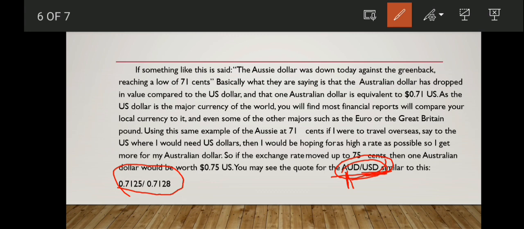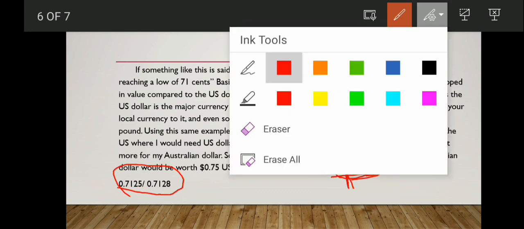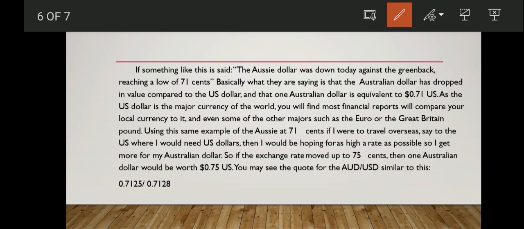So like in the example that we just read, we say one Aussie dollar is equal to 0.71 dollar.